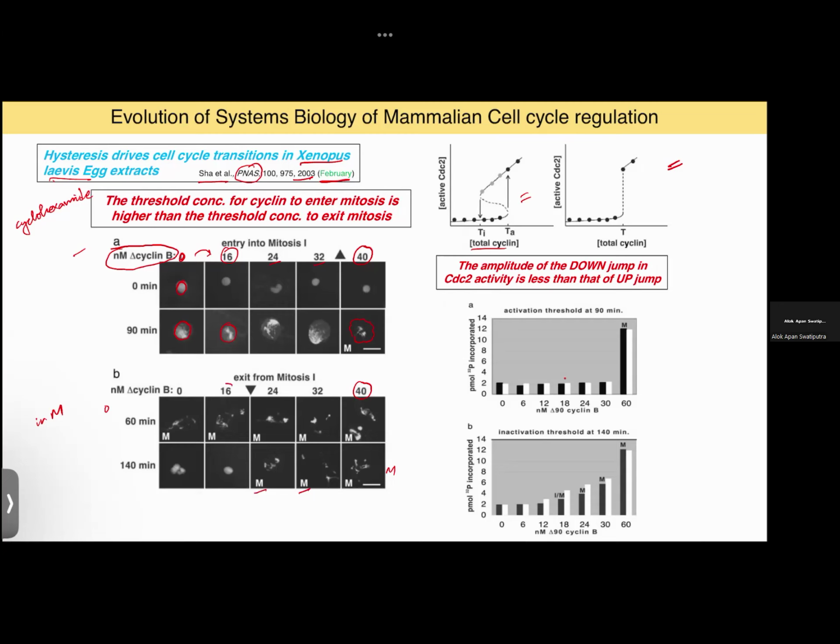Only when they drop down to 16, you see that the nuclear envelope has regenerated, so the cell has exited from M phase and gone into interphase. So from low to high, they have to give 40 to enter M phase. From high to low, they had to come down to 16 to exit.